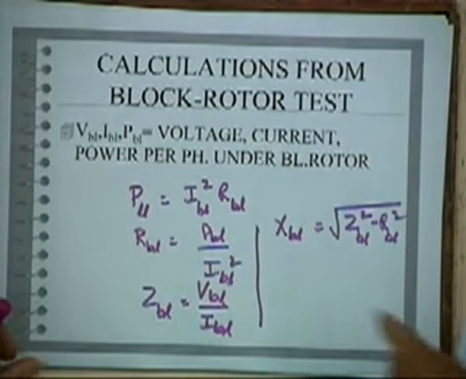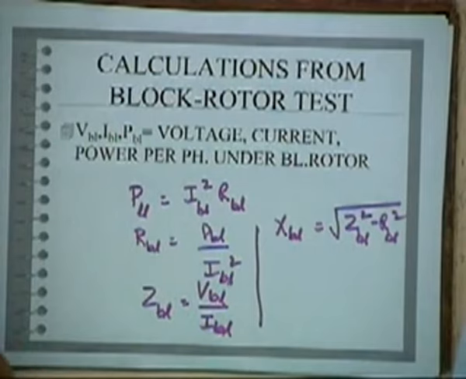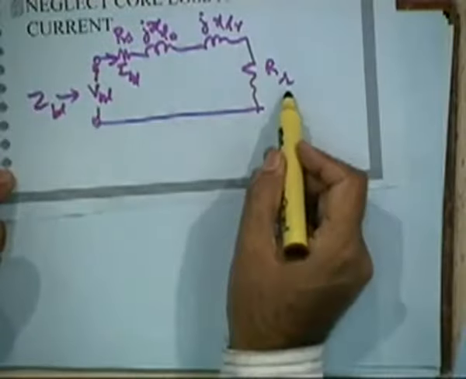Now what do these impedances mean? What is R blocked rotor? It will be RS plus RR, isn't it? From this circuit which we have got, R will be RS plus RR.